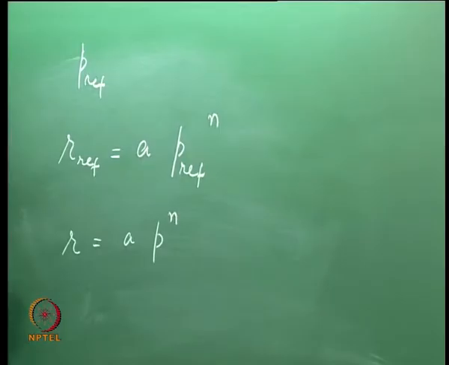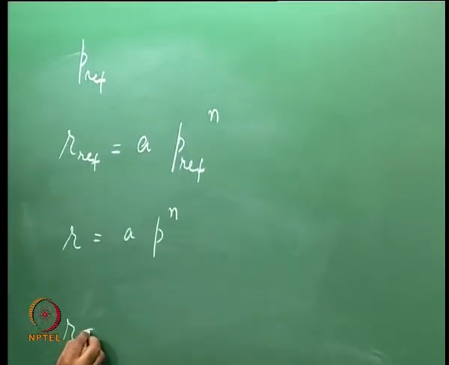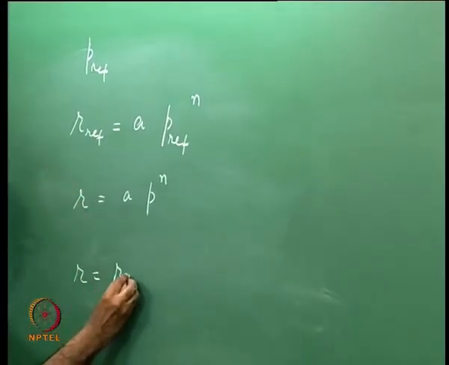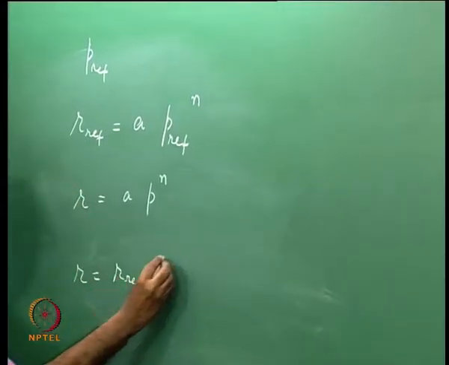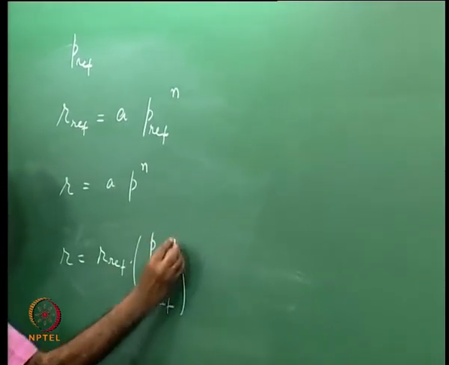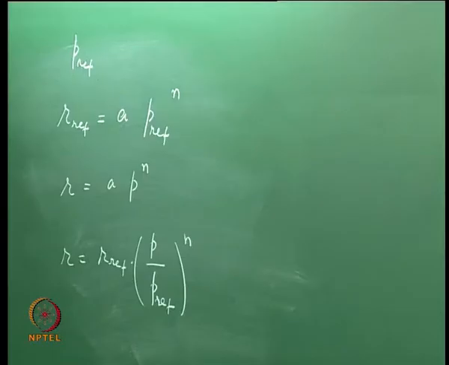Then I can write the value of R as equal to R reference into P by P reference to the power n, and this is one way I get over it.